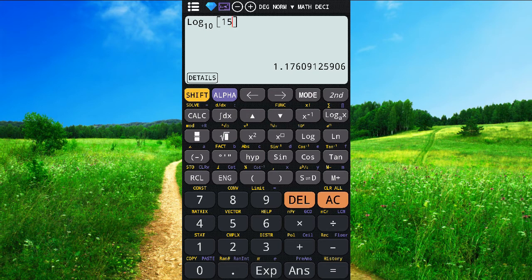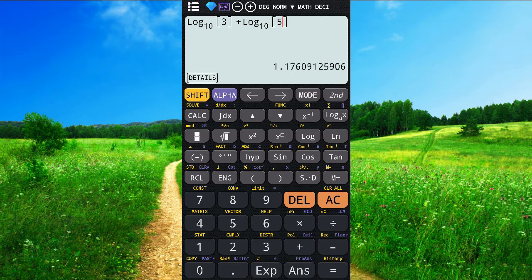So log to base 10 of 15 is 1.1761. All right, let's keep that in mind. Now let's get the log to base 10 of 3 plus log to base 10 of 5.